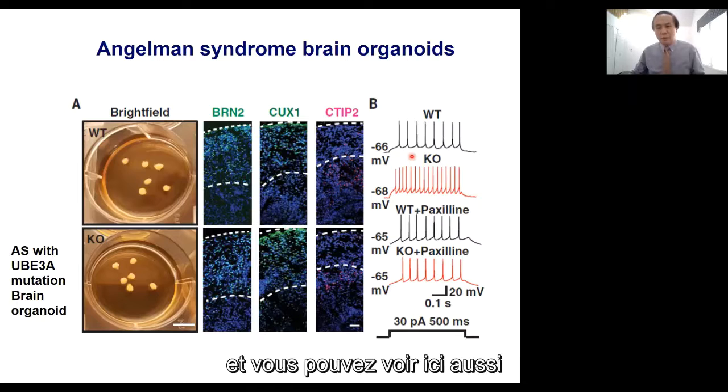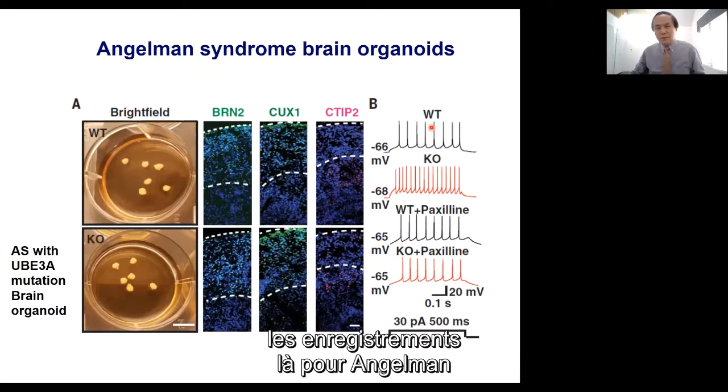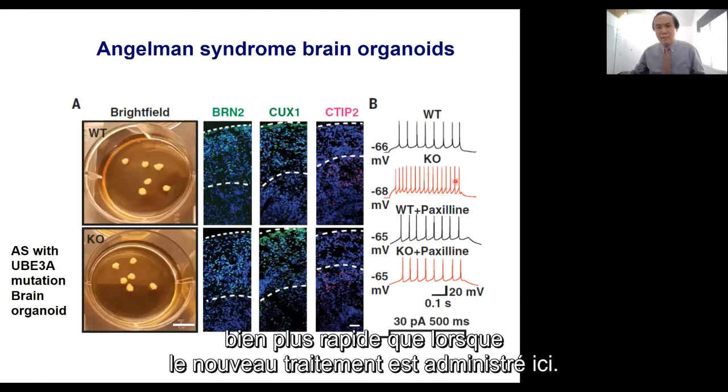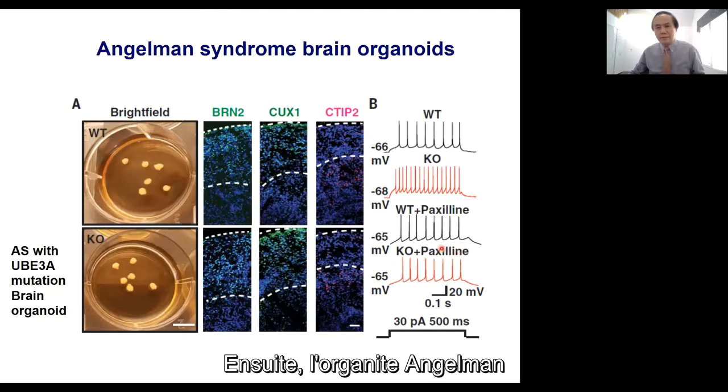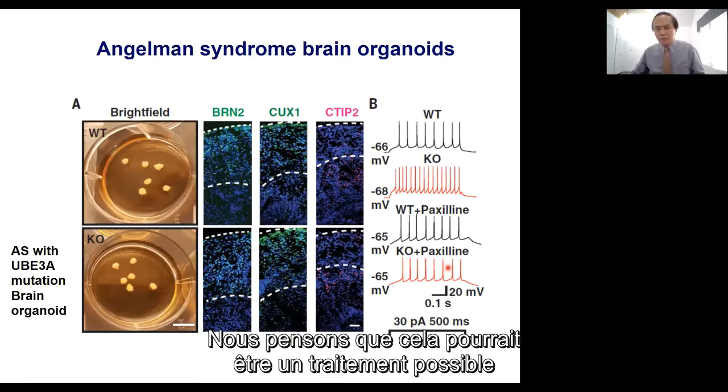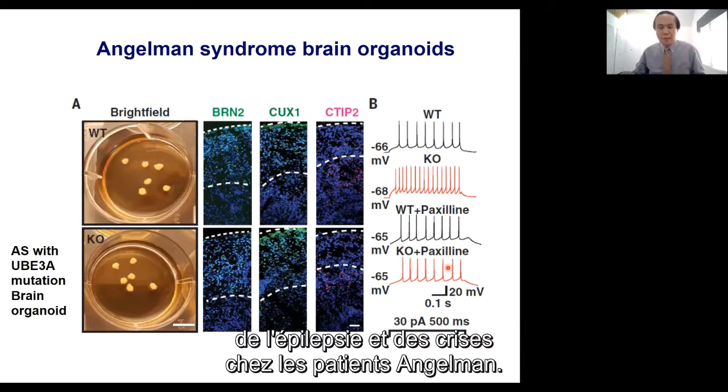And similarly, you can record from there. This is a control, and then this is the Angelman. You can see it firing much faster. Then you can treat it with the new drug, and the Angelman brain organoid basically normalizes after treatment with Paxalisib. We believe this could be a potential treatment for epilepsy and seizure in Angelman patients.